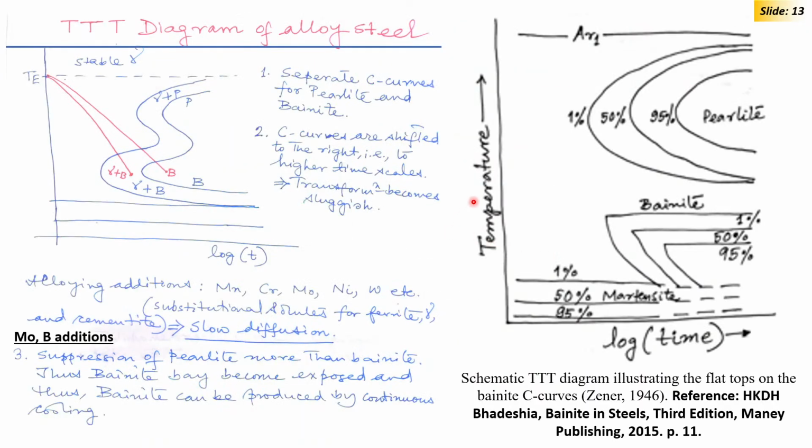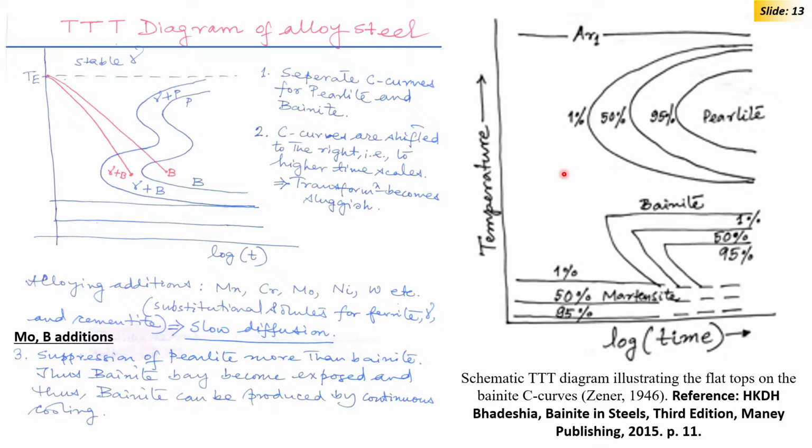Now, when we add alloying elements, suppose we add molybdenum. So, this is a more accurate TTT diagram for an alloy steel containing elements like molybdenum, boron. First of all, what do these elements do? These elements slow down the diffusion in austenite, increase hardenability, and some of these elements segregate to the austenite grain boundaries.